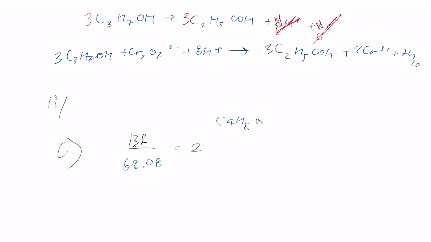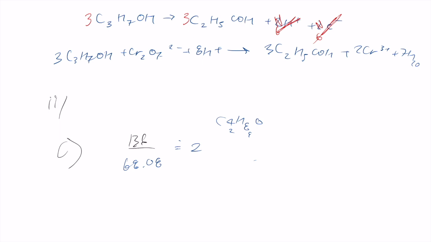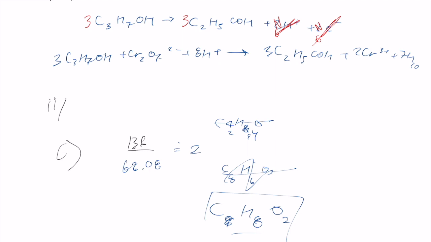And so approximately this gives us 2, which means we need to multiply all subscripts here by 2. So then our new molecular formula is C8H8O2, because we originally started with our empirical formula of C4H4O. We multiplied everything here by 2, and we get this.